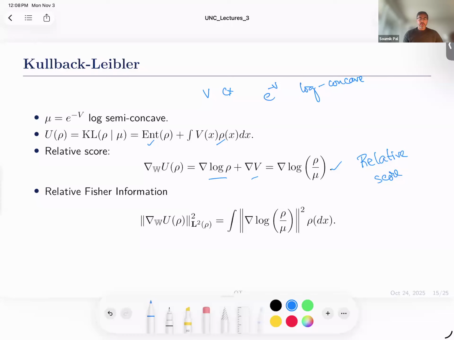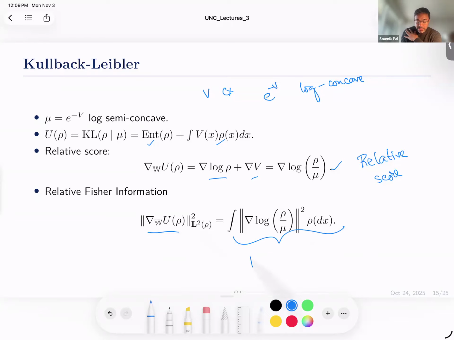This is a relative score function, which looks at the log likelihood of rho over mu, and then takes its gradient. Now this element is going to be in the tangent space, so you can ask what its size is. Its size is an important quantity: the L2 norm squared of the Wasserstein gradient is given by this formula.